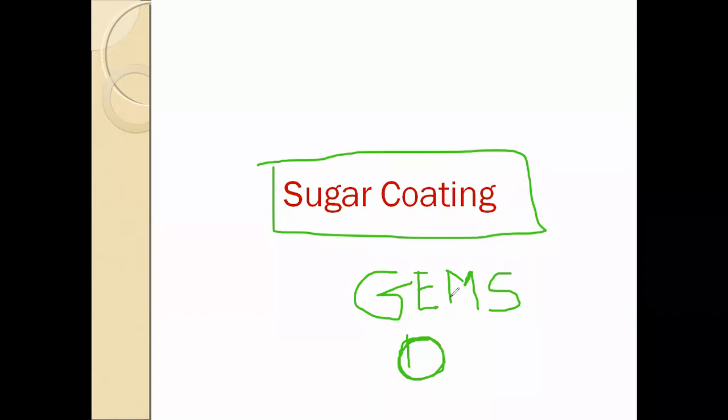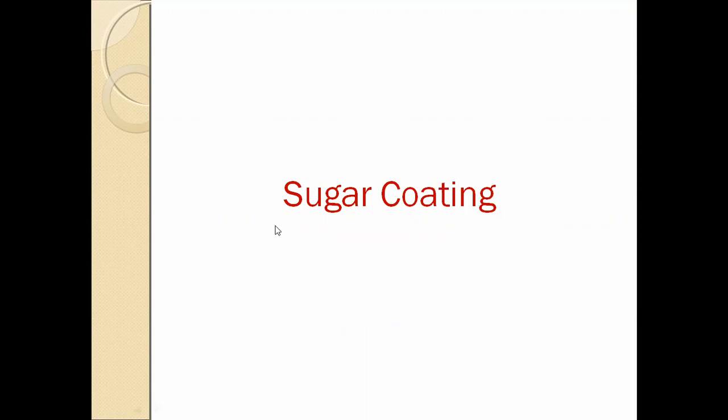These colors are more glossy and shiny in nature, and this is where sugar coating gives a special advantage as compared to film coating. Now let's see in detail the sugar coating process.